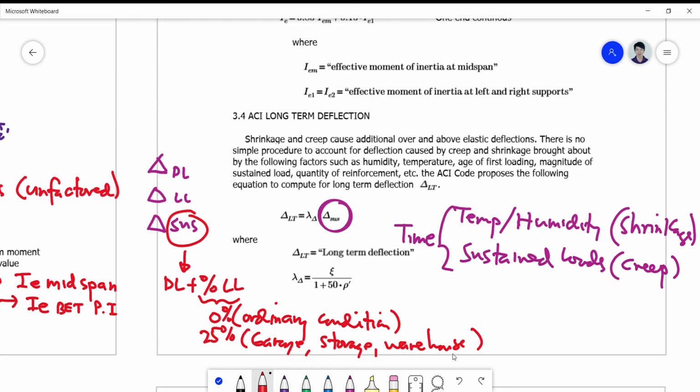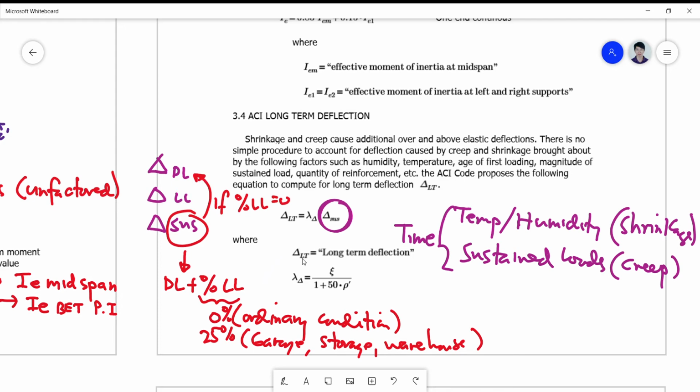Okay, so these are the sustained loads. But at times when this percent live load is zero, then this is just the same as delta dead load. Okay, so that is the way to understand easier what is sustained, what is live load, what is dead load.